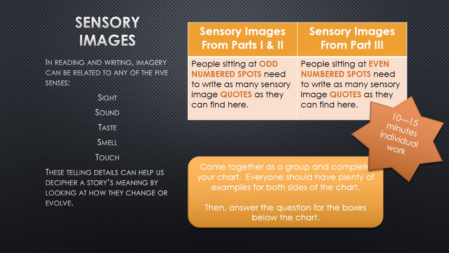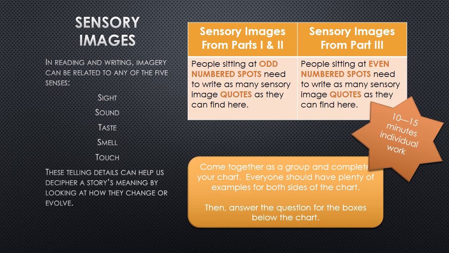But once everybody's had a chance to complete their chart, then I want you to answer the question for the box at the bottom of the chart, which talks about especially feelings that come up. So essentially you're looking at the differences between the sensory images in part 1 and 2 and the sensory images in part 3.